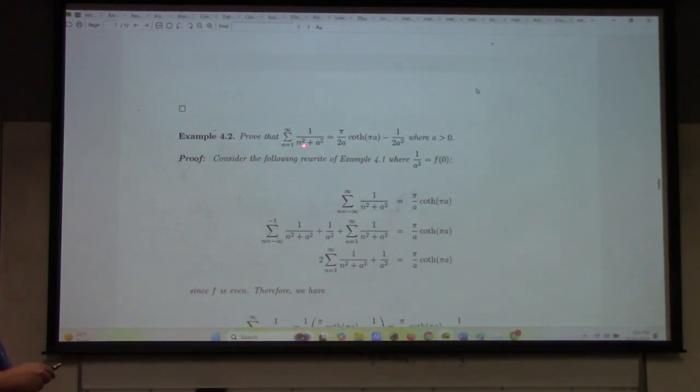All right, so how can you get your sum from the sum from minus infinity to infinity of that? Well, I've got minus infinity to minus 1, here's the term at 0, and here's the term from 1 to infinity. So this and that are actually the same because it's an even function, so you can double up those, plus 1 over a squared, so that gives you this.